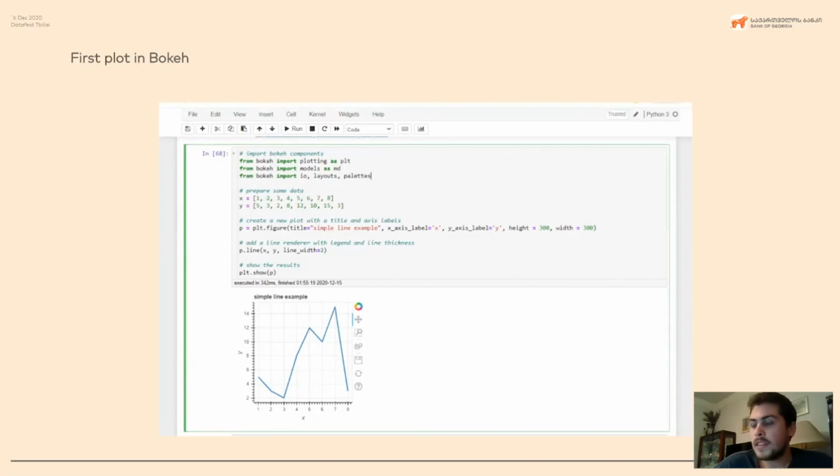And here you see we just define two lists in Python, just regular lists, as X and Y. We provide them as arguments for the figure, which has the method line, because line is a glyph for the figure, and it needs coordinates X and Y, and it just plots it. It's very easy.